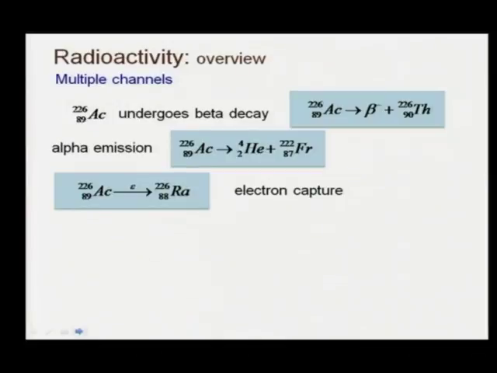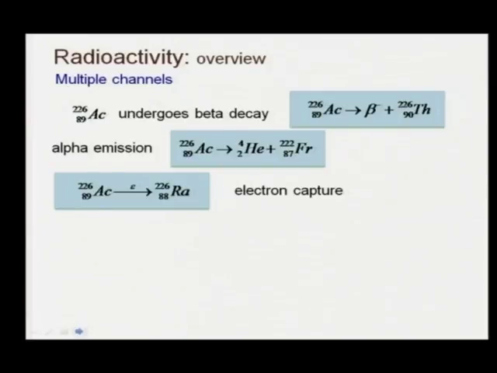Not only that, it can also transform to radium by electron capture. So, all these three types of decays are possible for actinium.